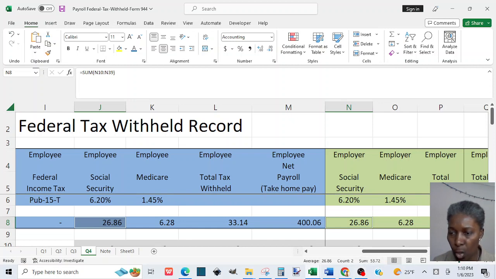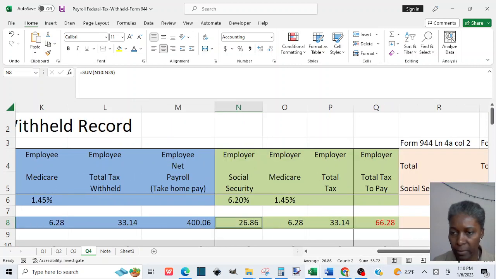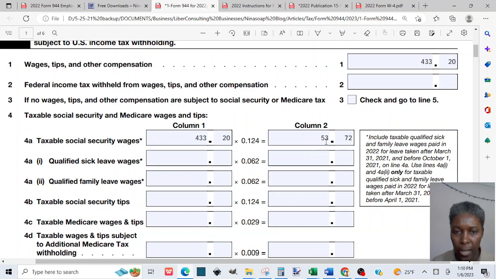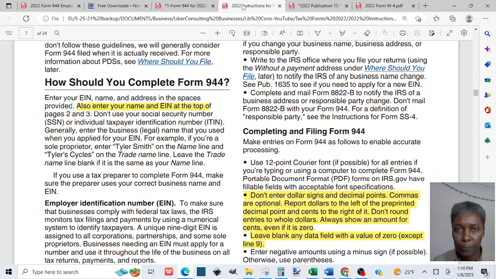If we go further to the right, we have the total, and I have Form 944 line 4 column 2 as 53.72. So that's one way to double check your number. So 53.72, we have it. Qualified sick leave wages, we do not have it. If you do, I will suggest you read the instructions on that.